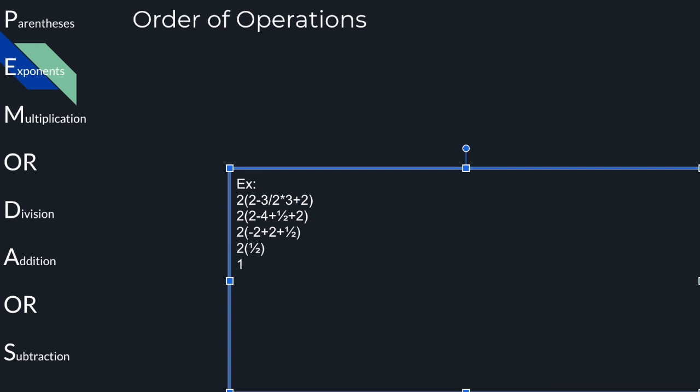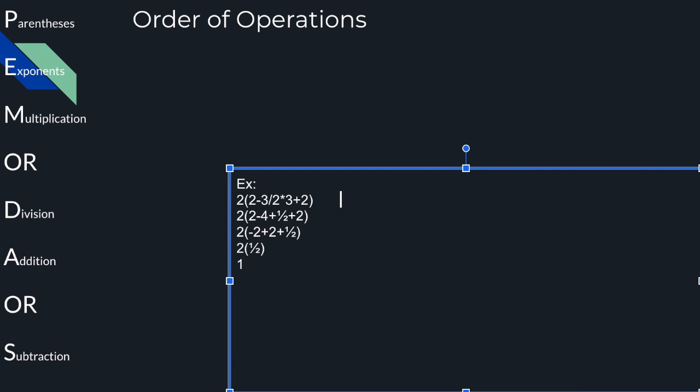Then the 3 halves becomes 4 1/2 because it's multiplied by 3. We subtract first to get -2 plus 2 plus 1/2, and then the -2 and 2 cancel each other out, so we just get 2 times 1/2, and that gets us to 1. So that's why 1 is our answer here.